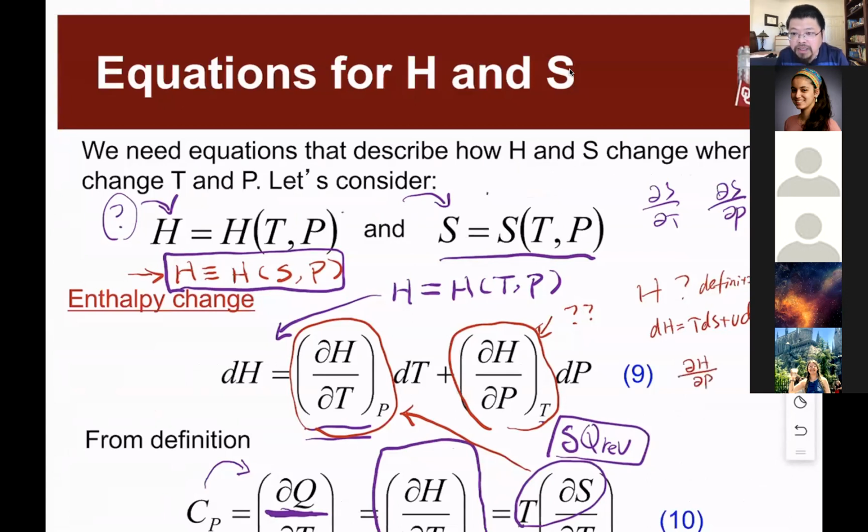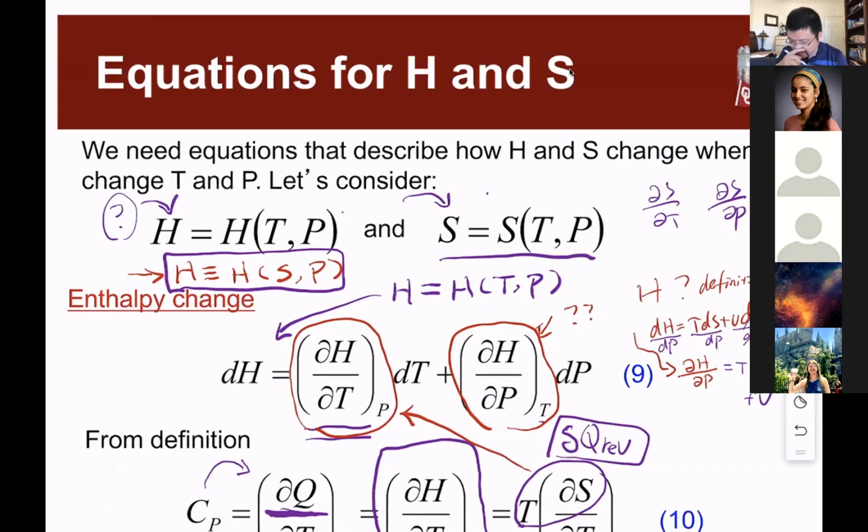Now I hope you can see what is going on. If we are going to divide on both sides by dP, then on the left hand side, this is exactly dH over dP. So that would be T dS over dP plus V, right?